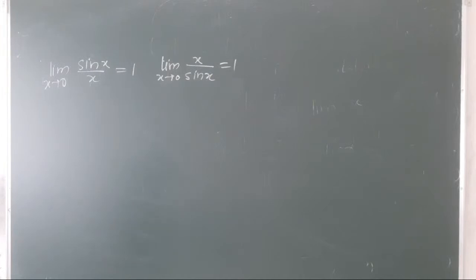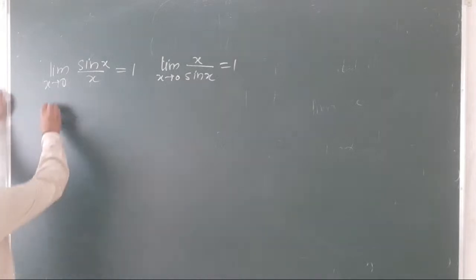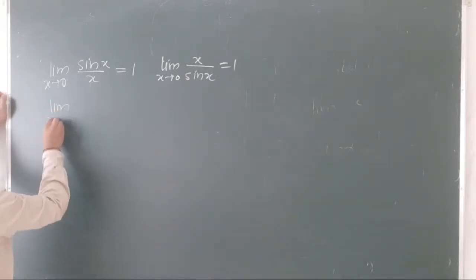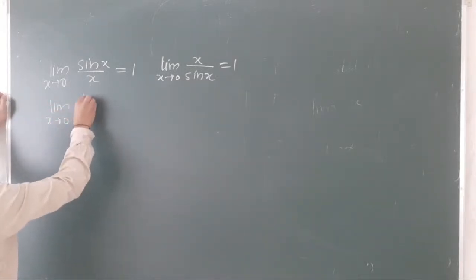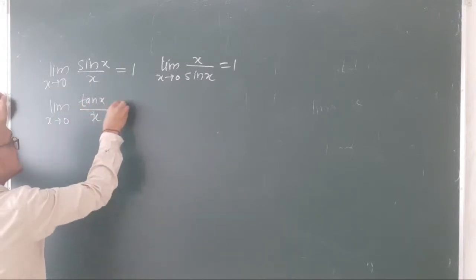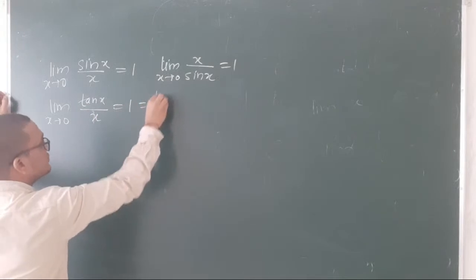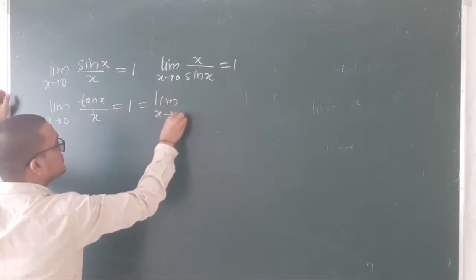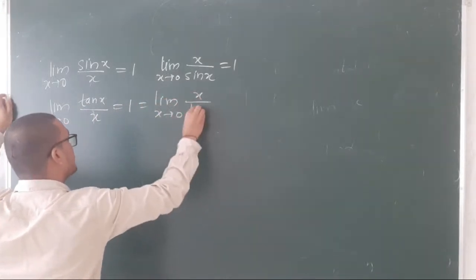So this also you learnt in the first year. Next, limit x tends to 0, tan x upon x is equals to 1, which is equals to limit x tends to 0, x upon tan x.